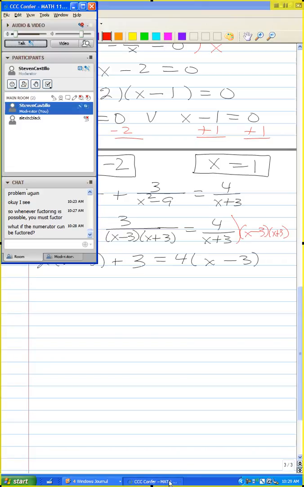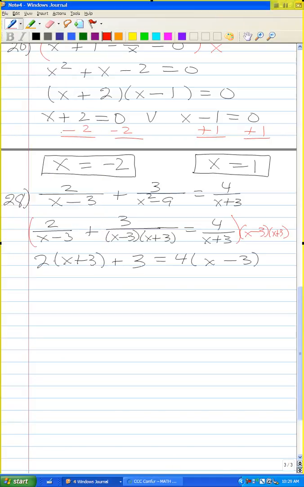You don't care if the numerator can be factored. In general, you would want to multiply out, like what I'm doing here. So don't worry about the numerator with these types of problems.